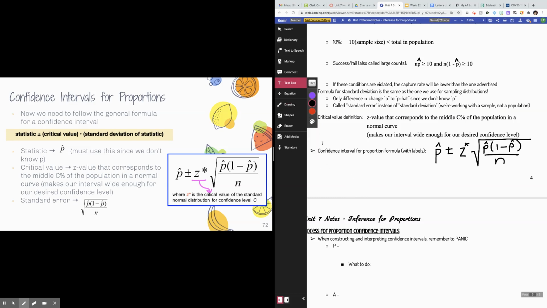Okay, remember that p hat is your sample proportion and n is your sample size. And I got to put my little hat over my p here. Okay, so just to do some labeling for you. Okay, 1, 2, 3. So this is your standard error.